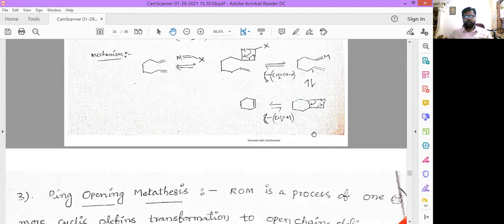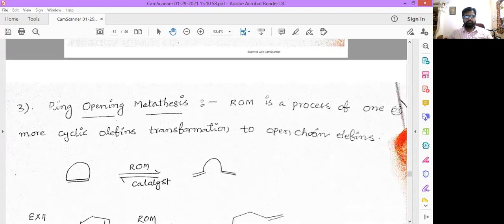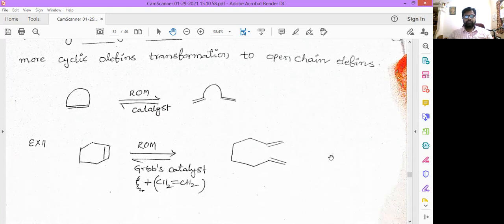Right? A ring opening mechanism. Ring opening metathesis, ROM, is a process of converting cyclic olefins to open chain olefins. Here you have only one double bond in the ring. After ROM catalysis, you will get two olefins, meaning two double bonded positions, alkenes you will get, right?